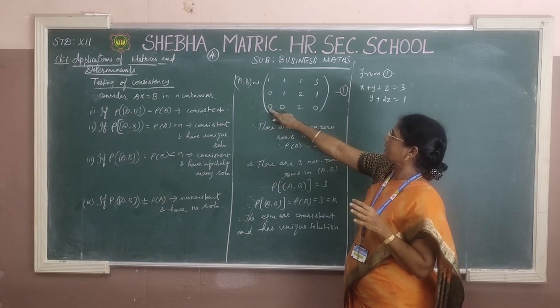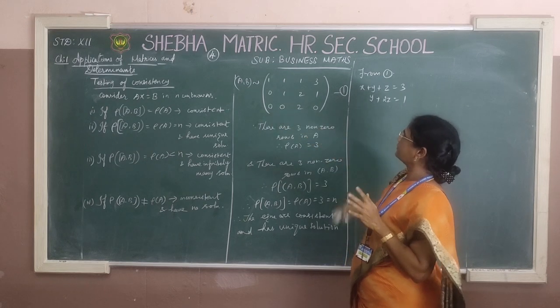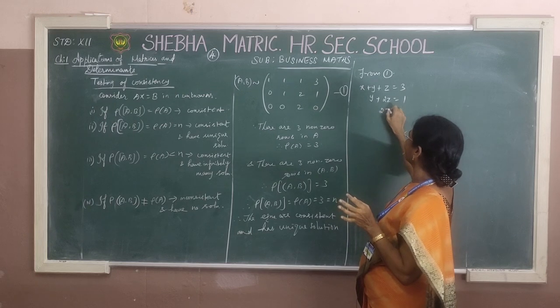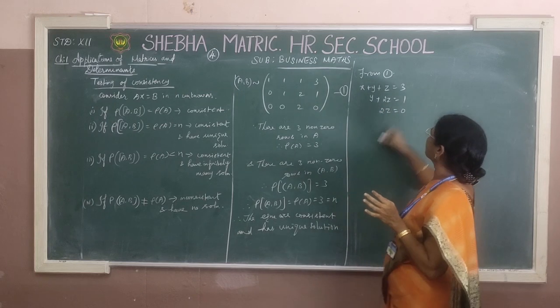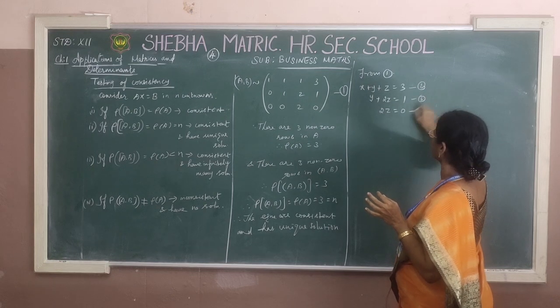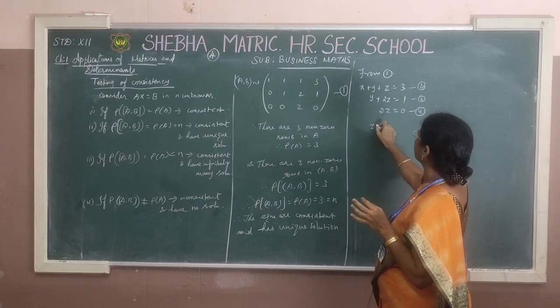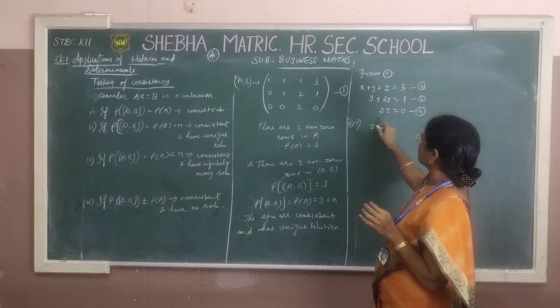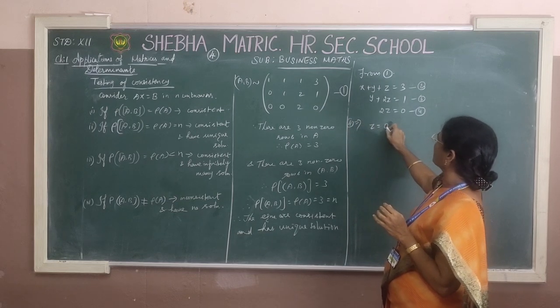The last one has x and y columns 0, so we can leave it, and 2z equal to 0 only. Mark these as equations 2, 3, 4. From 4, z equal to 0.